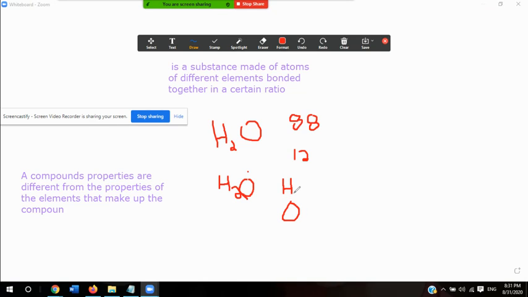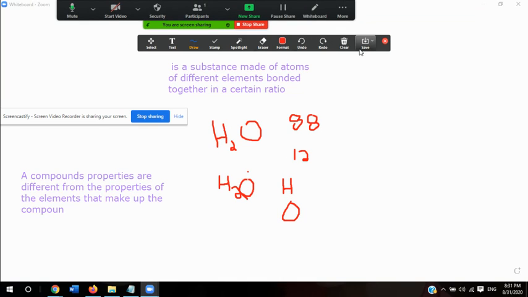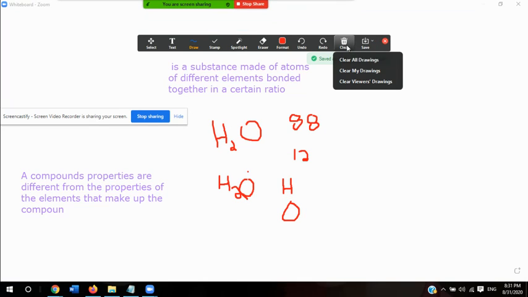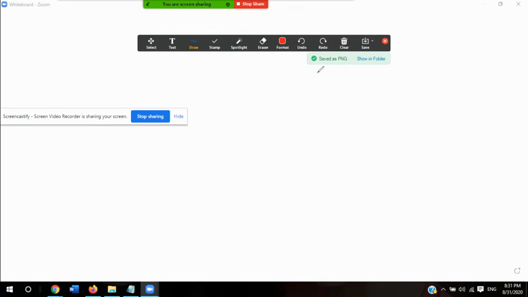Okay. So now that we've spoken about compounds, let's talk a little bit about ions. So what is an ion? Let me clear the drawings so that I have space again to start talking about what ions are.